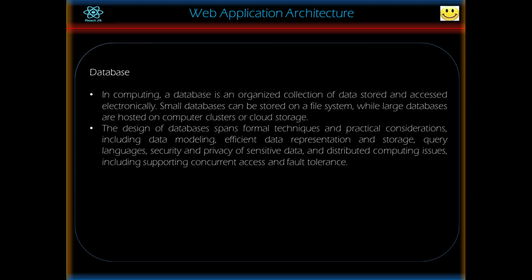The design of a database spans formal techniques and practical considerations, including data modeling, efficient data representation and storage, query languages, security and privacy of sensitive data, and distributed computing issues, including supporting concurrent access and fault tolerance.